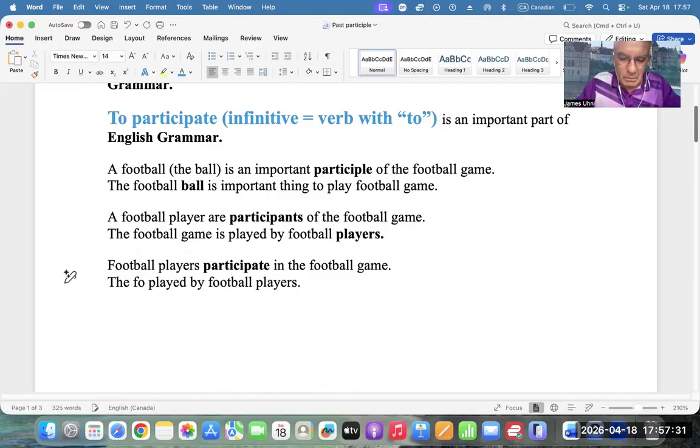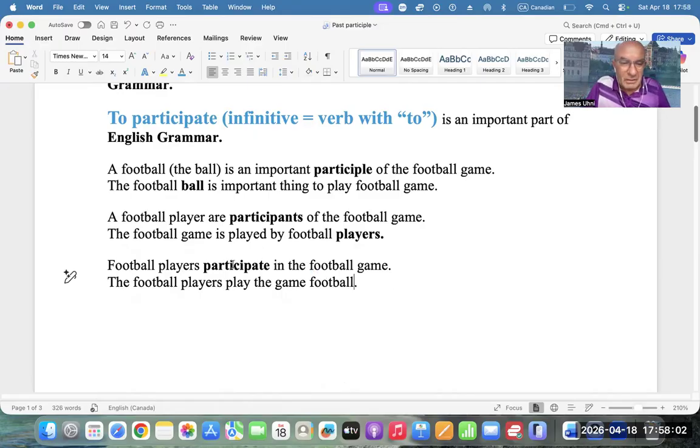So we can say the football players play the game, or the game football. Let me see, the football players play the game football. Perfect.